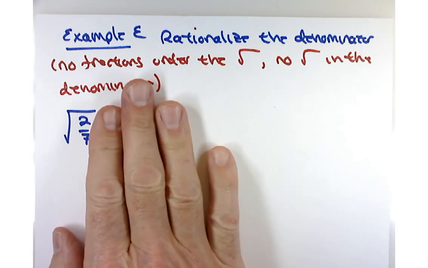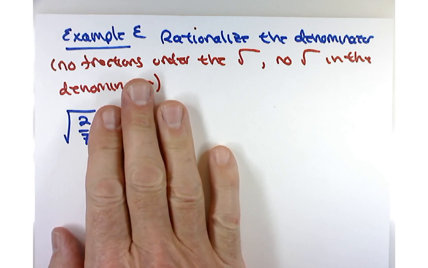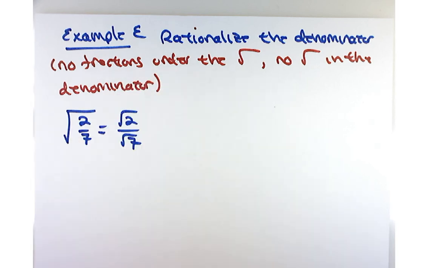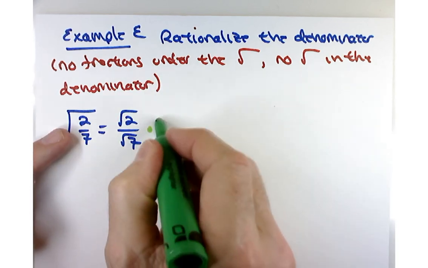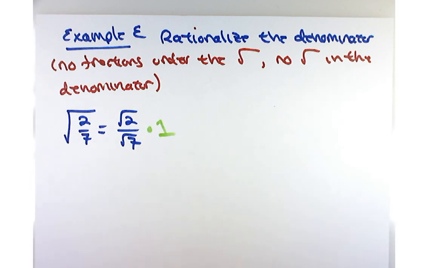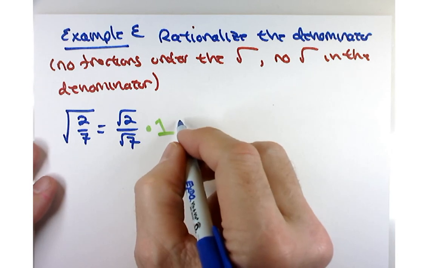This is an expression. It's not an equation. I can't multiply both sides by something to get rid of something. My only trick in simplifying expressions is to multiply by 1. But the question is, well, what form of 1 should I choose?